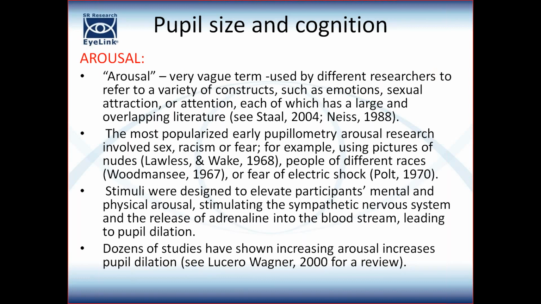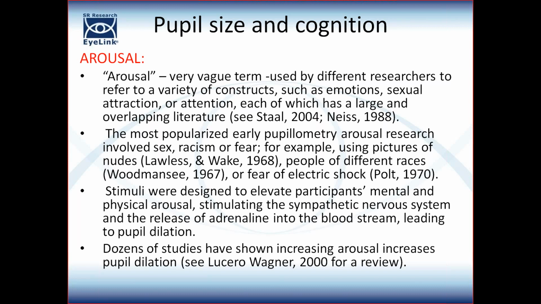But it led to a widely received and understood idea that the pupil, which had presumably been understood for a long time before this, reflects to some extent some concept such as arousal. Now, arousal is one of these terms, there are many in psychology, which can mean lots of different things to different people. But in the pupillometry literature, the manipulations used were things like explicit stimuli, fear of shock, things like that.